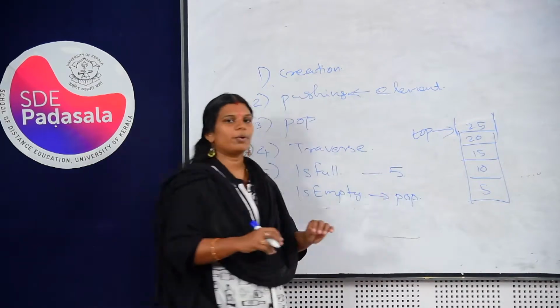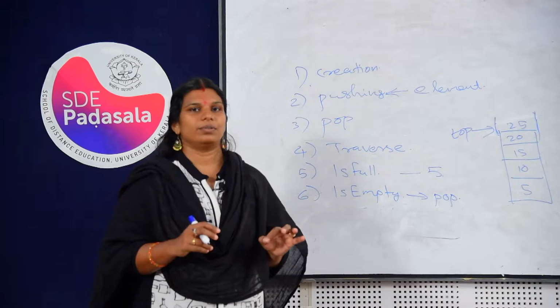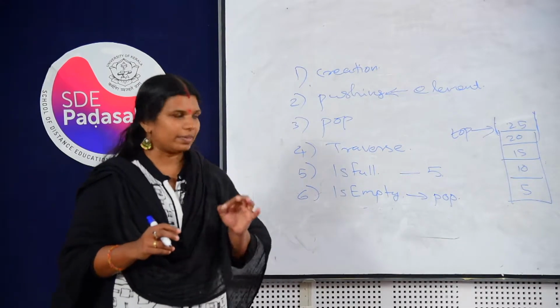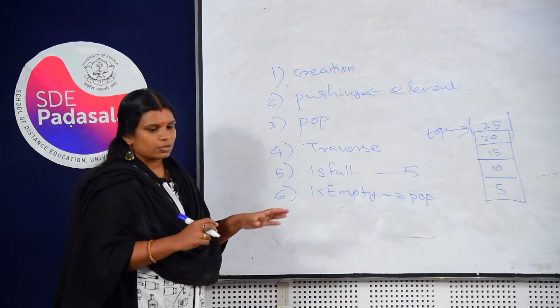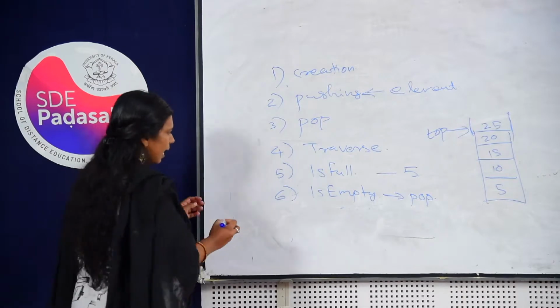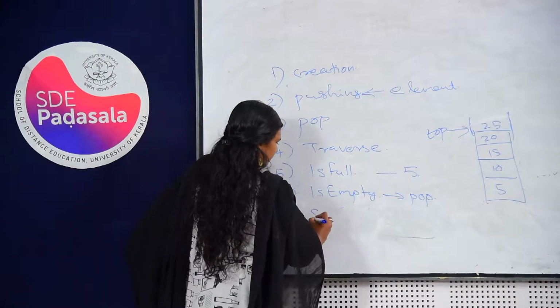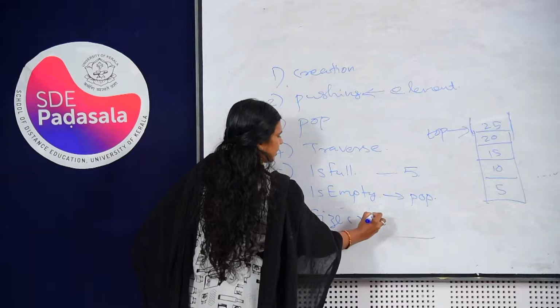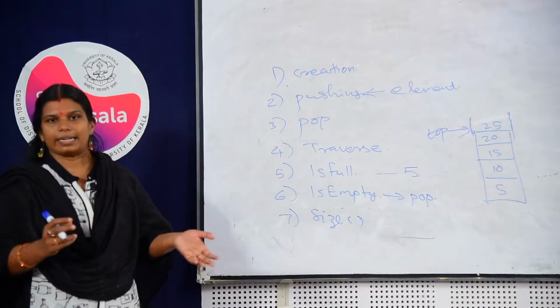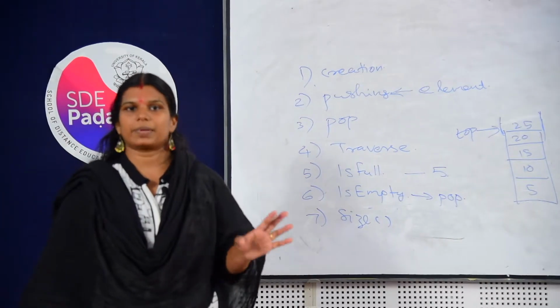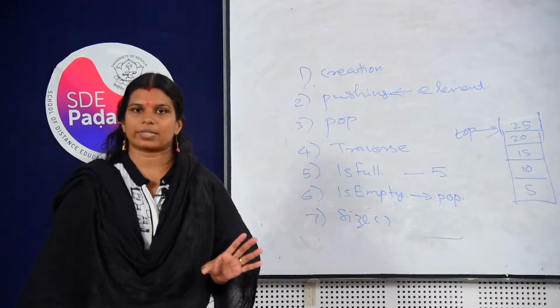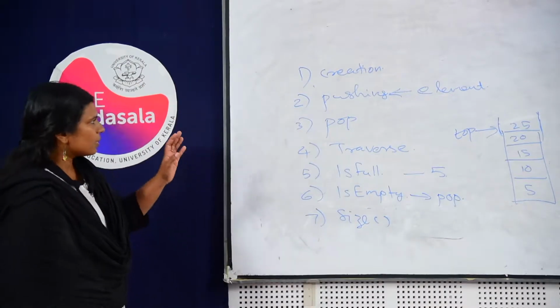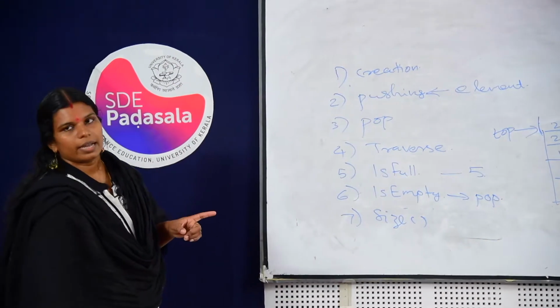So before performing a pop operation, we have to check whether the stack is empty. So these are the operations, and the last operation associated with the stack is size. Size means it will return the maximum number of elements present in a stack, that is the size of the stack. Okay, these are the major operations associated with a stack.